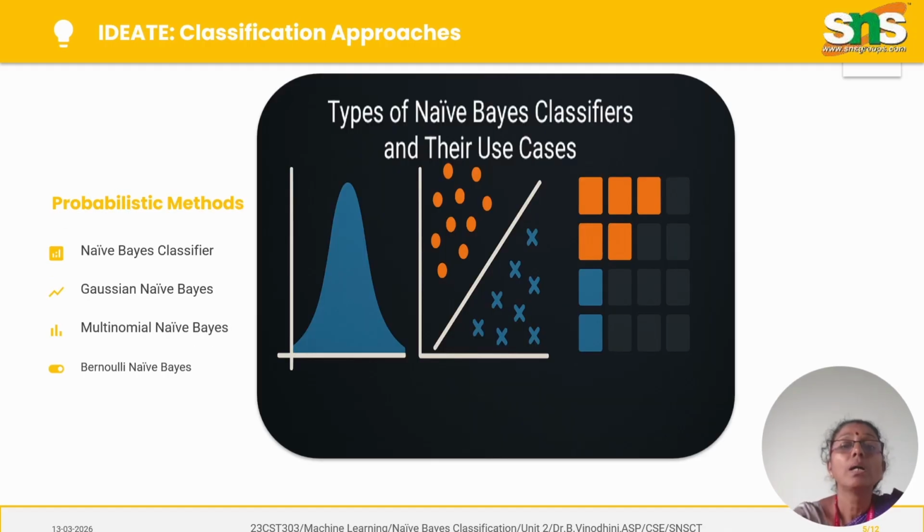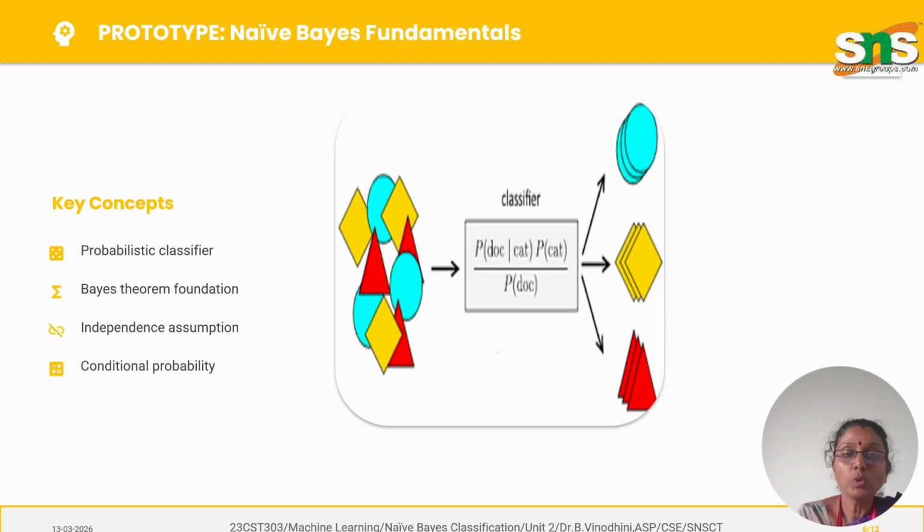So what are the probability methods? We have several classification approaches using the Bayes theorem: the Naïve Bayes classifier, Gaussian Naïve Bayes, multinomial Naïve Bayes, and polynomial Naïve Bayes. These are all the probabilistic methods in the classification approaches. Among them, we are covering the Naïve Bayes classifier.